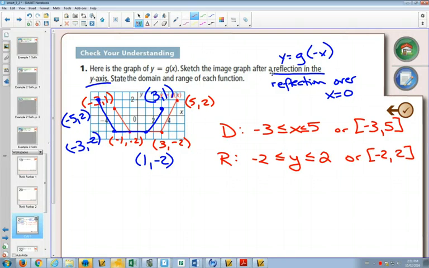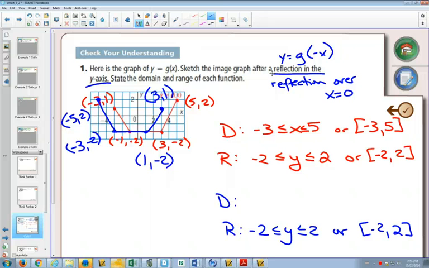Now when we flip over the y-axis, it's affecting only the x values. So when we go to our domain and our range for the blue one, we might notice right away that our y's did not change. The range still goes from -2 to 2. But when we talk about our domain, now our smallest x value is -5, and our biggest x value, +3.